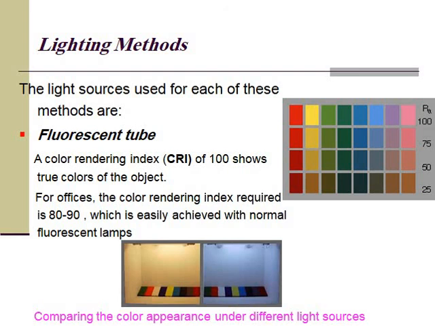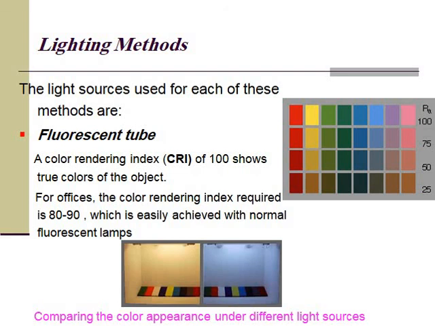Some other work environments would require higher values of the color rendering index. For example, medical examination rooms or operation rooms would require that this index be between 90 and 100. Other industries, for example, industries that do the color mixing, require high indices as well.